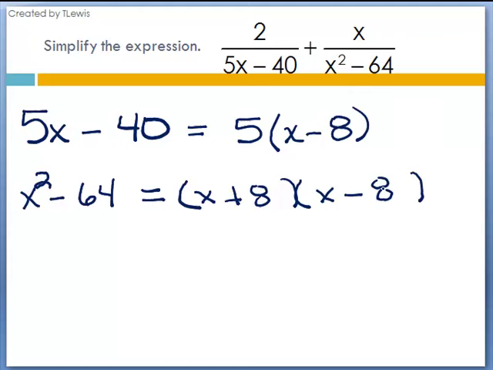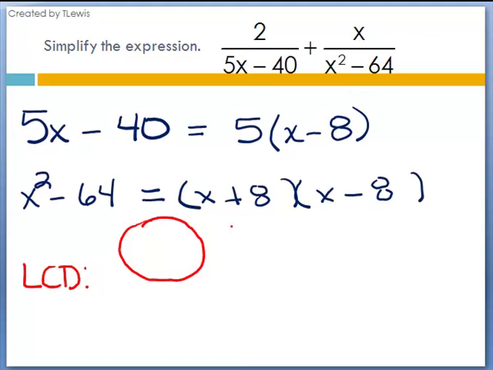Okay, so as we look at this, we have the denominators factored. We want to find the LCD. You can choose to use the Venn diagram. Okay, we can look and see what's in common.